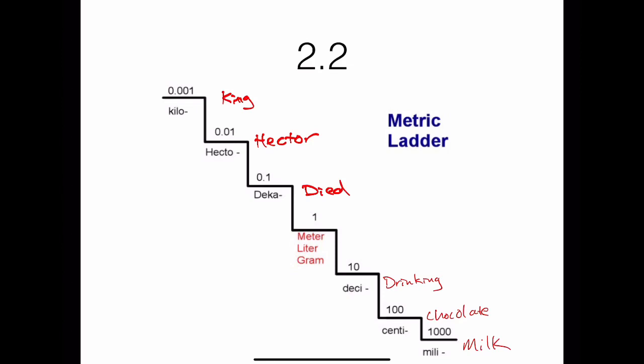So if you don't want to take out the time to draw out the whole ladder, but you can remember that King Hector died drinking chocolate milk, then this is an easy way for you to be able to reproduce this diagram as you use this to take a test and complete your conversions on a test.